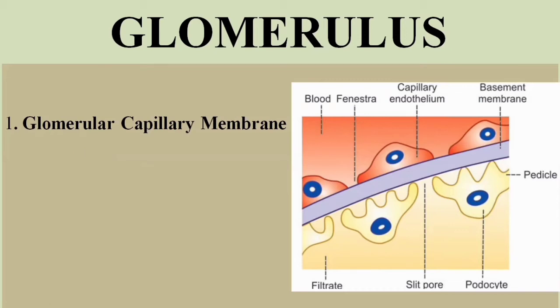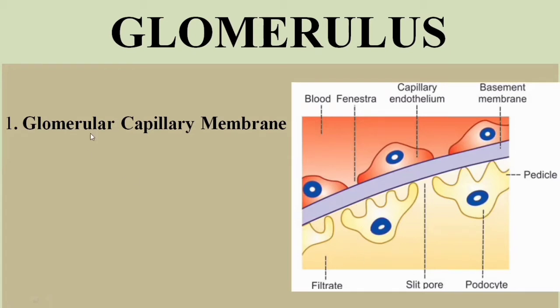So this glomerular capillary membrane is the first layer of the glomerulus, and this is the second layer. Let's talk about the first layer, the glomerular capillary membrane, also known as the filtration membrane. These layers are known as the filtration membrane because they are involved in the filtration.